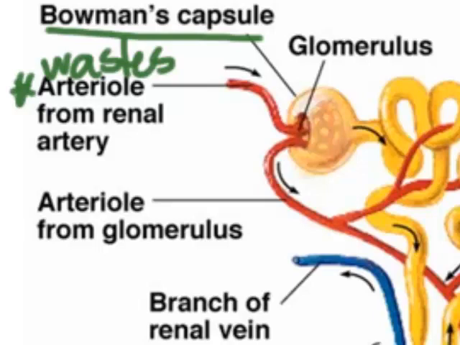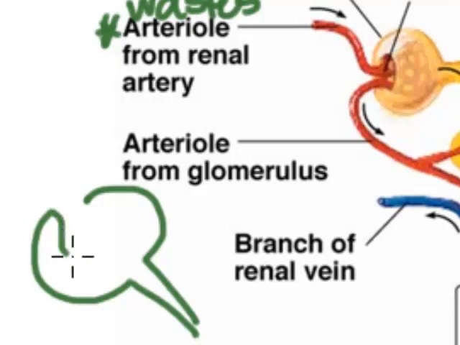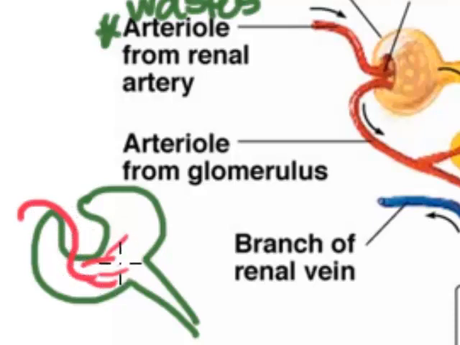Bowman's capsule is a little, hollow cup, and the arteriole flows into the cup and it breaks up into even narrower little capillaries, which then once again join and the arteriole leaves the cup.